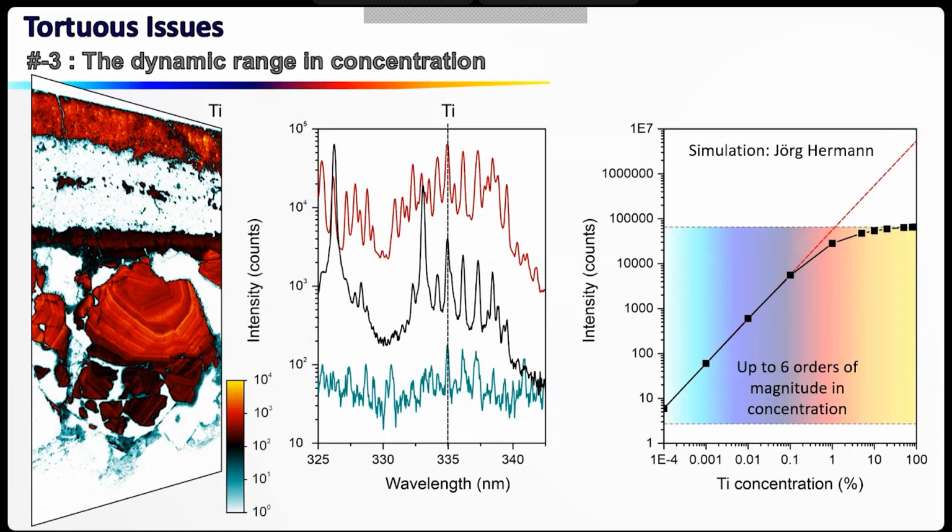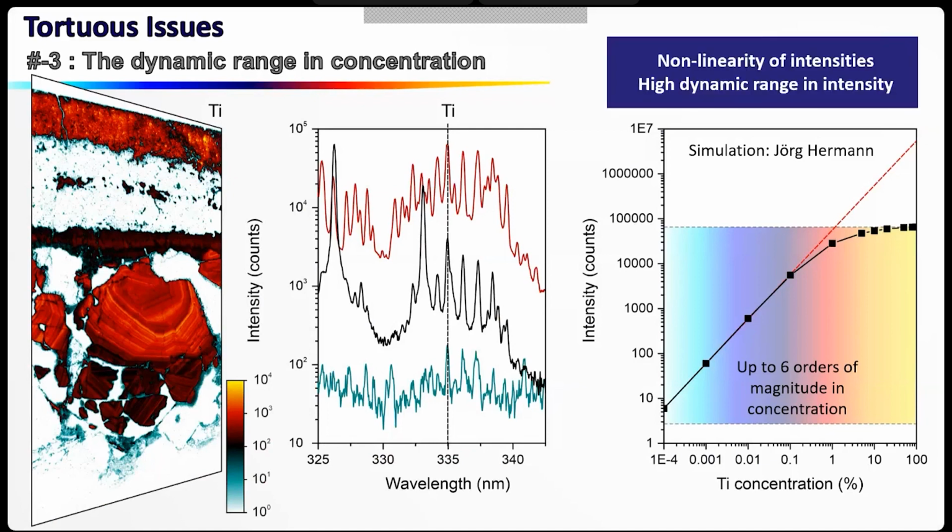With this self-absorption phenomenon, we can then go to 6 orders in terms of concentration. So it means that on the same spectra, you can observe 100% and 1 ppm. Just to say that these 6 orders of magnitude is the difference between a B and the eVREST.